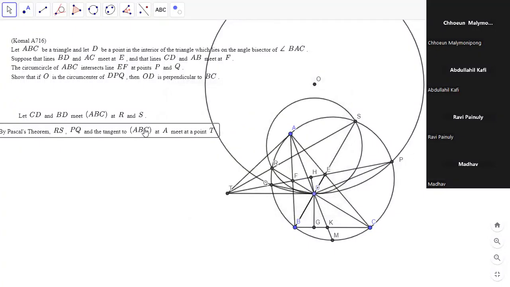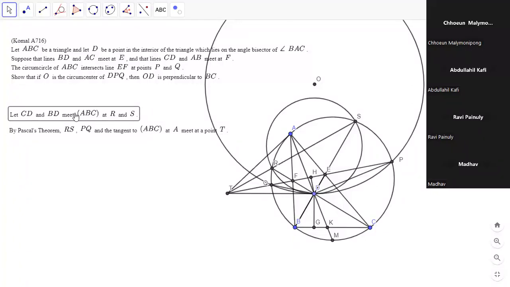And then, so by the radical axis theorem, we have RS, PQ, and, okay, so we're using the radical axis theorem on this and ABC. All right. So ARB, SAC.